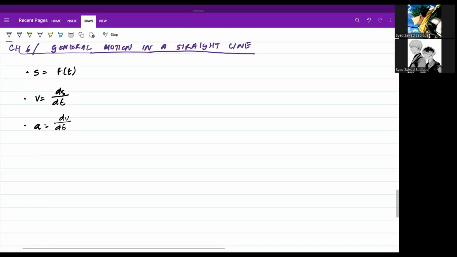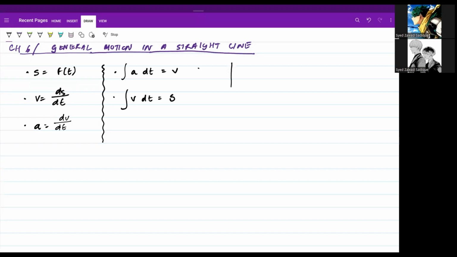Similarly, if you integrate acceleration, you get velocity, and if you integrate v, you get distance or displacement, right?